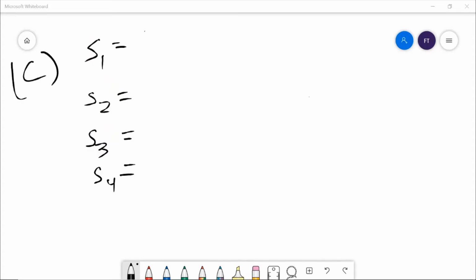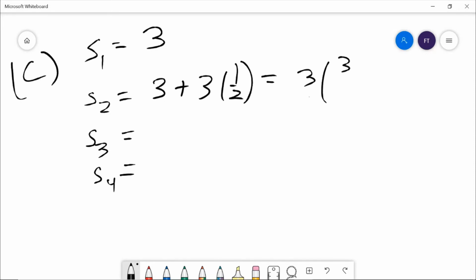So for part C, we want to find a pattern for our sequence of partial sums in order to find a formula for S of n. If we look at S1, this is just the first term, which is 3. S2 is the sum of the first two terms, so it's 3 plus 3 times 1/2, which is 3 times 3 over 2.